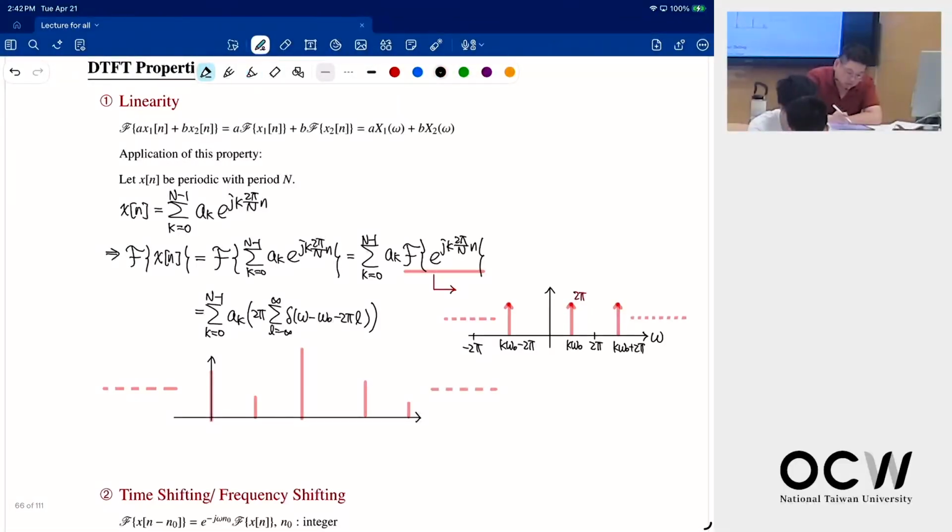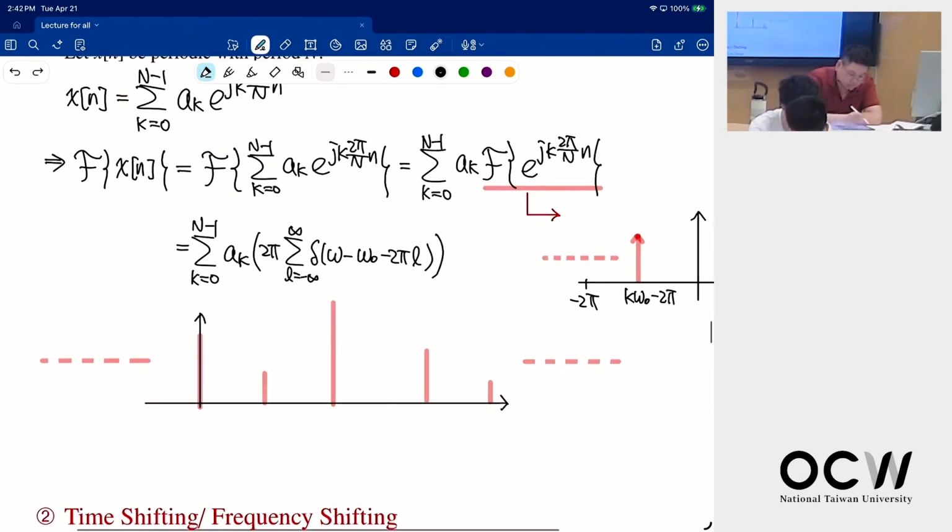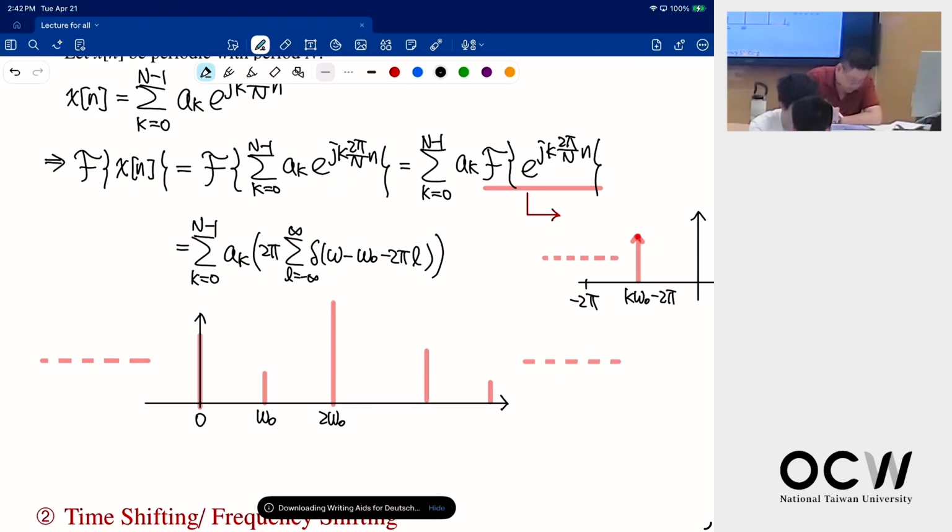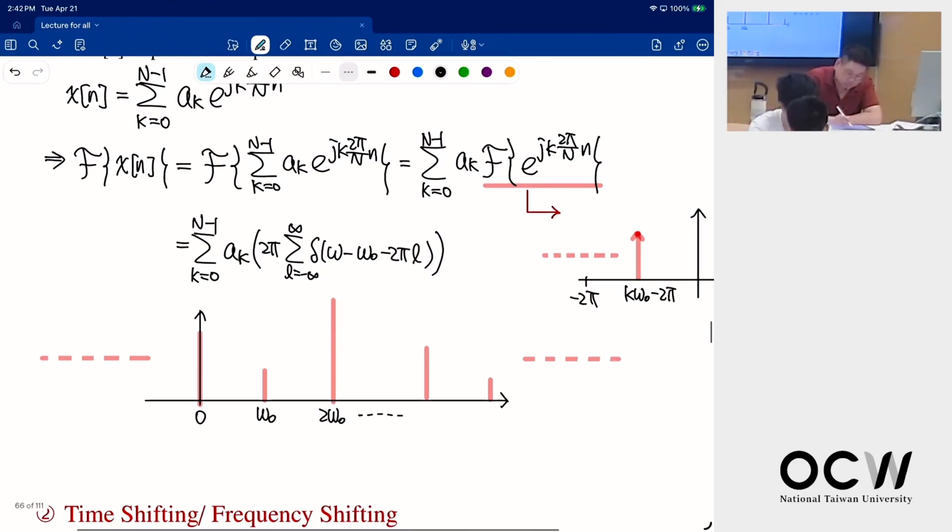So here we have 0, omega naught, 2 omega naught, up to 2 pi.